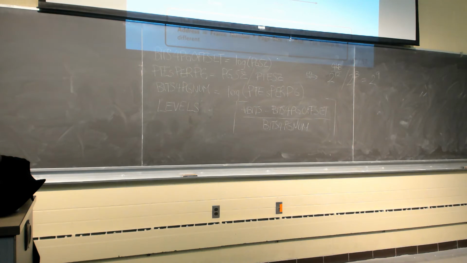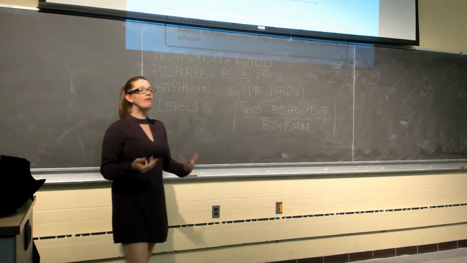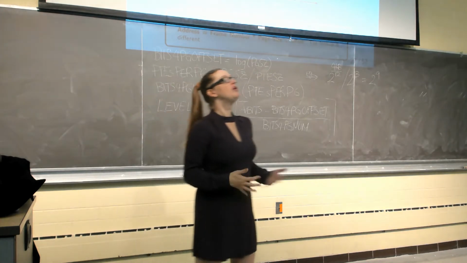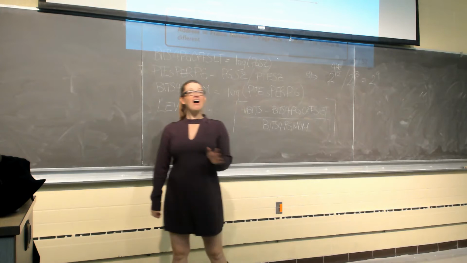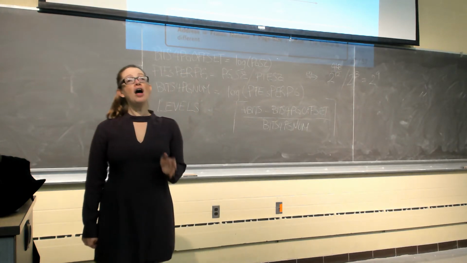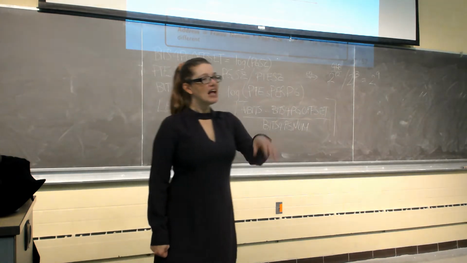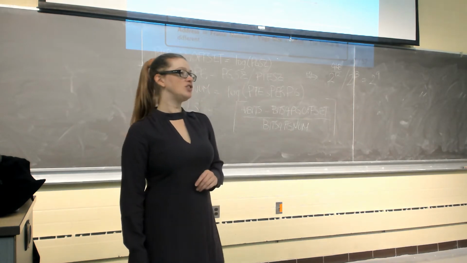Now, you might be wondering, what if it doesn't work out evenly? What do I do then? It's okay, because so long as the table is smaller than the page, you're fine.